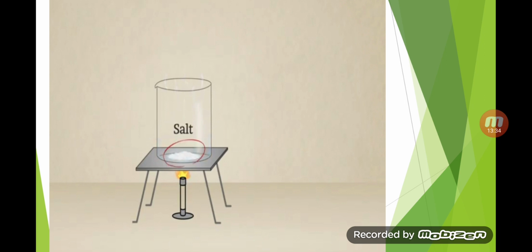This process is called evaporation, and by evaporation you can separate solute and solvent, like a solution of sugar and water, and a solution of salt and water.